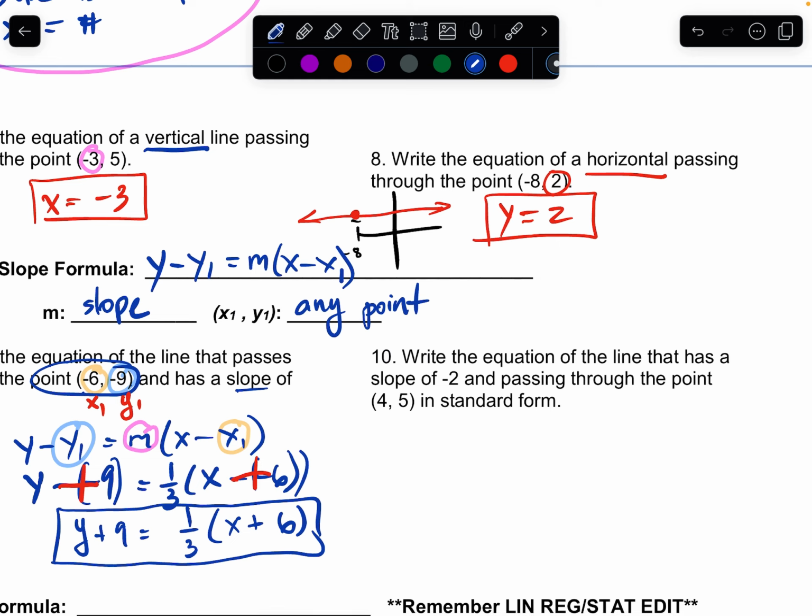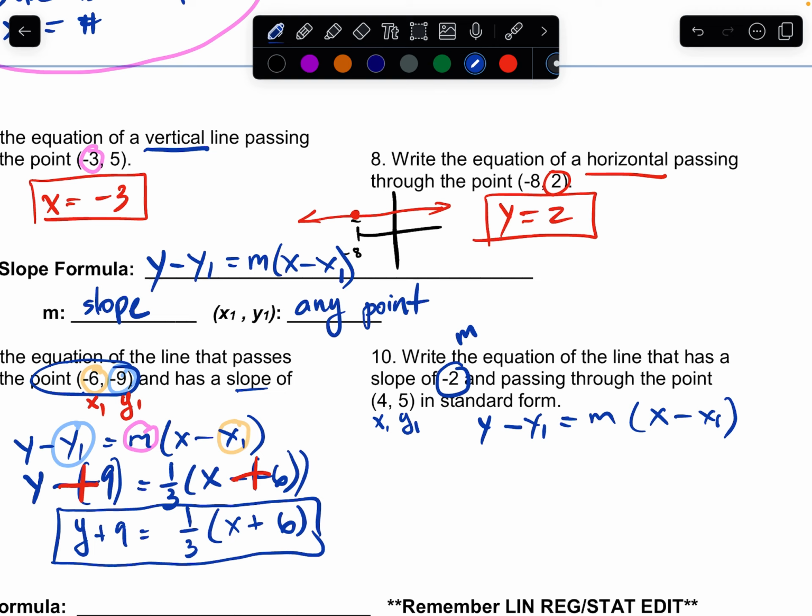Now let's go to number 10. Write the equation of a line that has a slope of -2 and passes through the point 4, 5. This is our m, and this is our point, x1, y1. Since this is kind of new, hardly used in Algebra 1, let me write the formula: y minus y1 is equal to m times x minus x1.